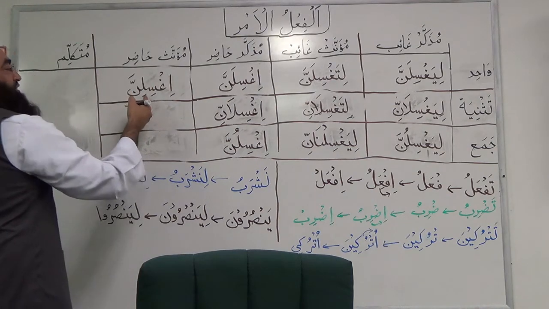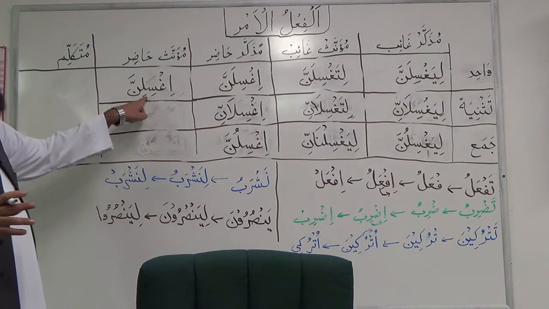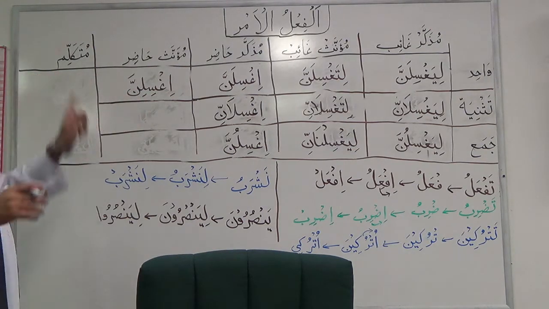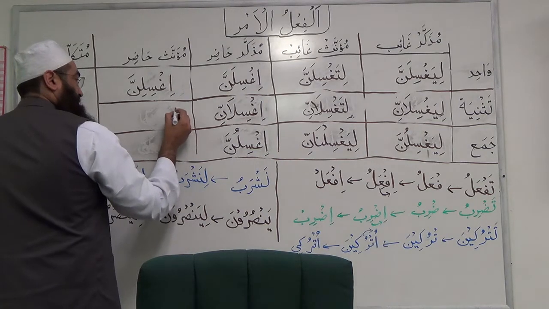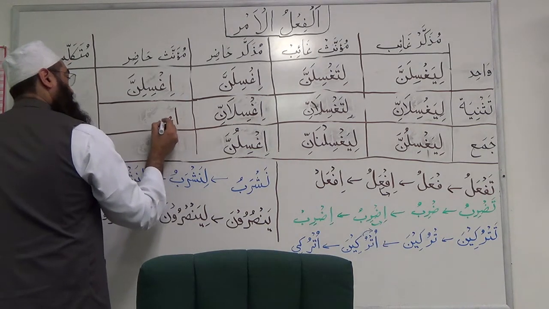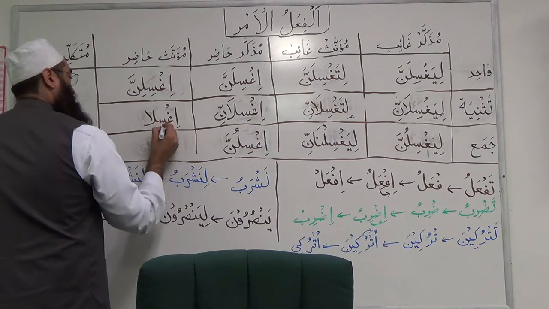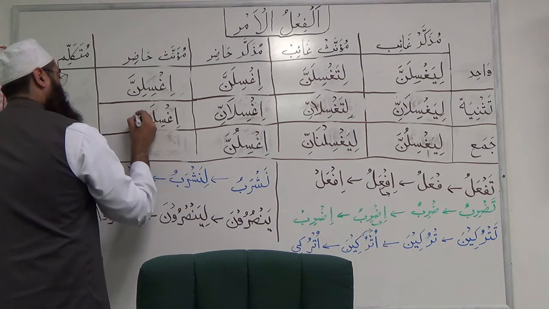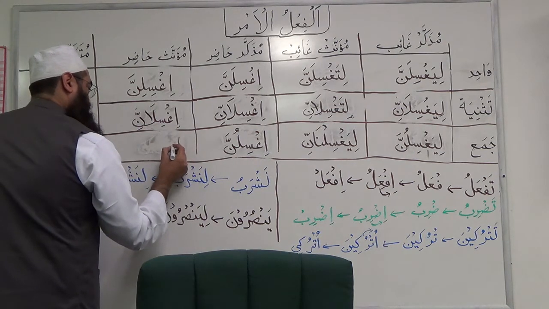So for the, it was actually iksili. So you kept the kasra, so you know that you're talking to one feminine father. Iksilani. And then iksillan.